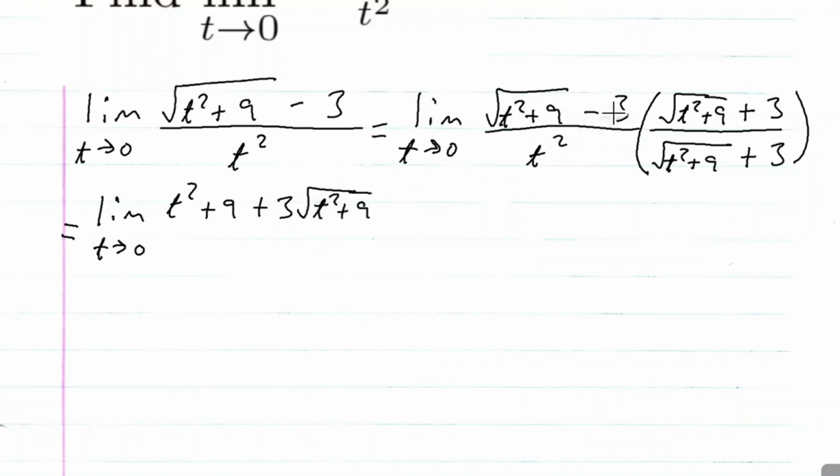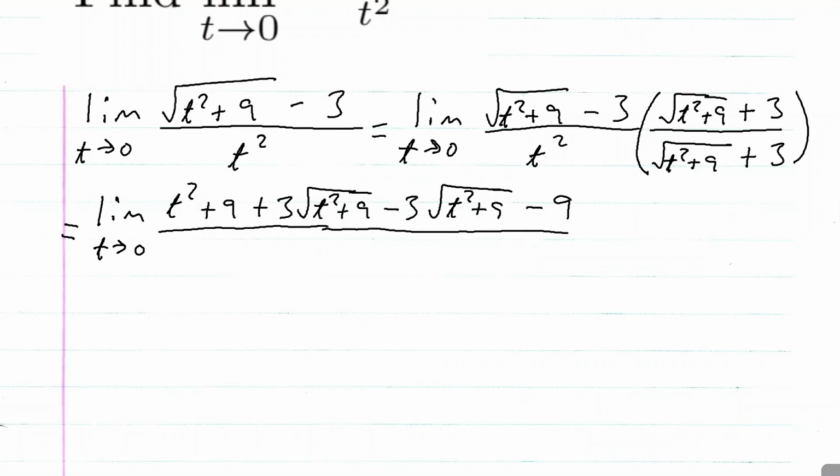And then negative 3 times the square root of t squared plus 9 would be minus 3 times the square root of t squared plus 9. And then negative 3 times positive 3 would be minus 9. And that is all over t squared times the square root of t squared plus 9 plus 3.